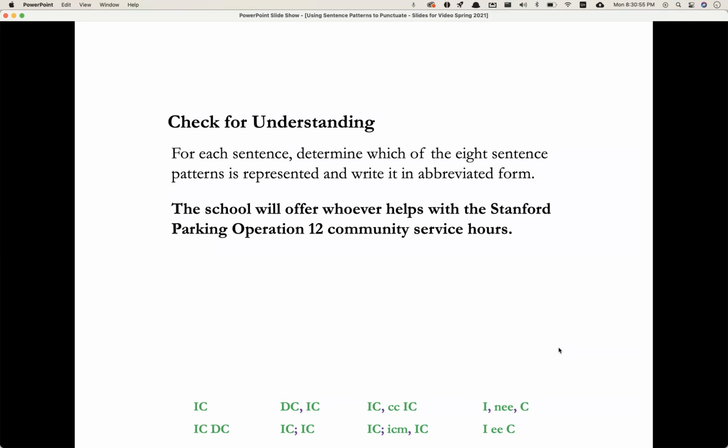Five more seconds. This one is IEEC. Again, we have a whoever. So the school will offer whoever helps with the Stanford parking operation 12 community service hours.